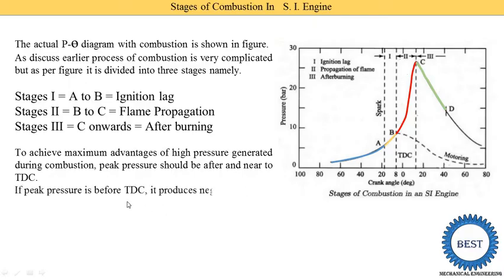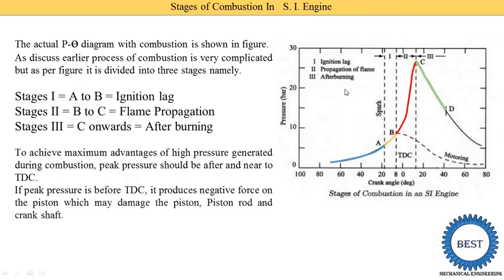Now if the peak pressure is before TDC, meaning this is the TDC line and it is achieved in this region, then what happens? It produces a negative force on the piston, which may damage the piston, piston rods and the crankshaft. The piston is trying to move in the upward direction, but the combustion products try to push the piston in the downward direction. So this creates a negative effect.